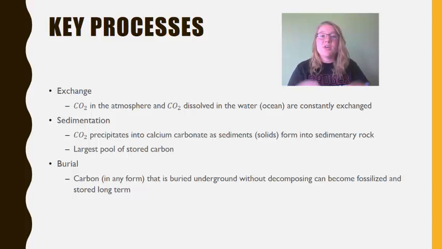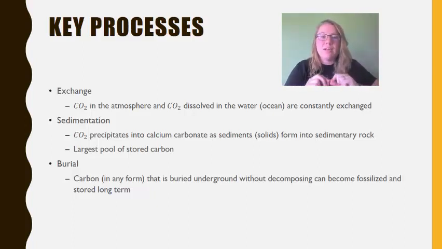Sedimentation is the process where that carbon dioxide that's stored in the ocean goes through a process called precipitation. So it precipitates into calcium carbonate. Now, if you remember back to chemistry, if a precipitate is forming, that means it's going from a liquid or a dissolved state into a solid.